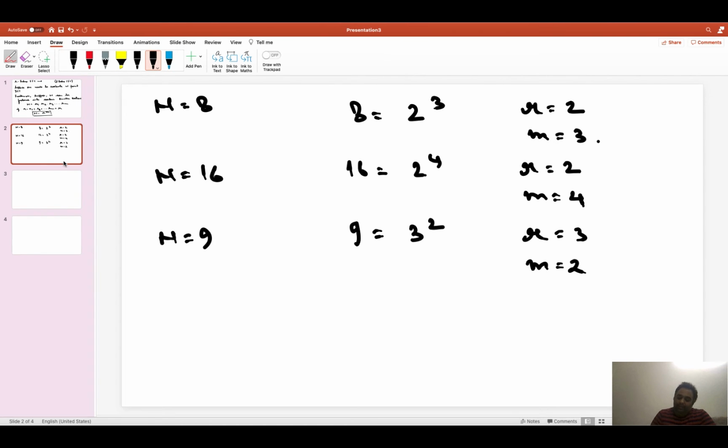This fundamentally tells me something, and that is that this r is the radix of the FFT algorithm.